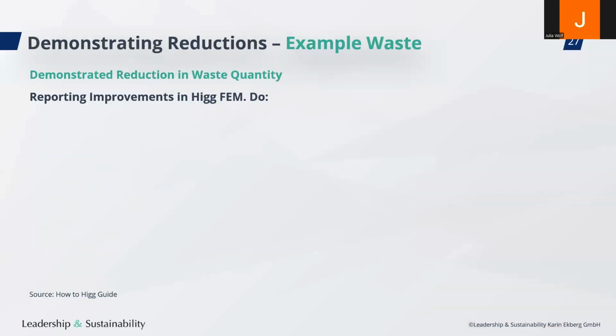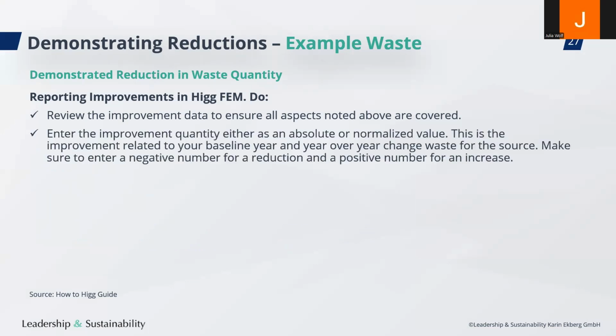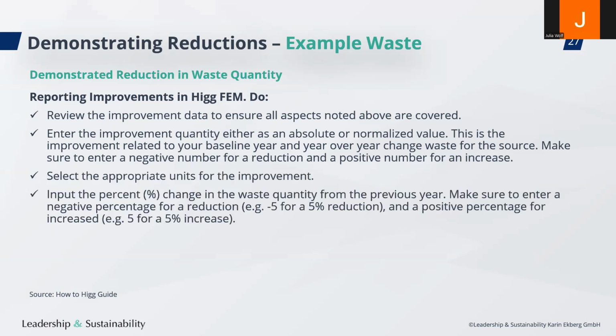And then, here's now one example from waste on how to report improvements in the Higg FEM. And this is also from the How to Higg. So review the improvement data to ensure all aspects noted are covered. Enter the improvement quantity either as an absolute or normalized value, depending on what you have selected for the target. Select the appropriate units and input the % change in the waste quantity.